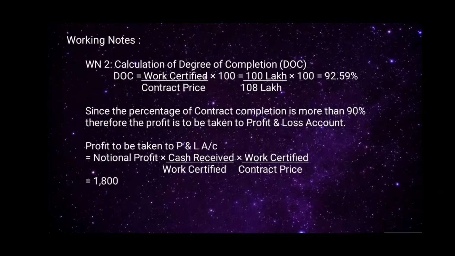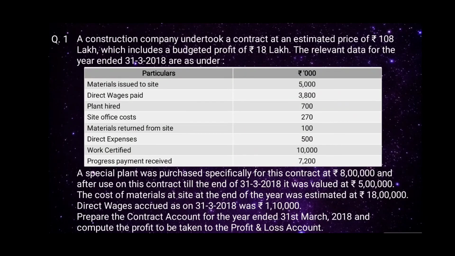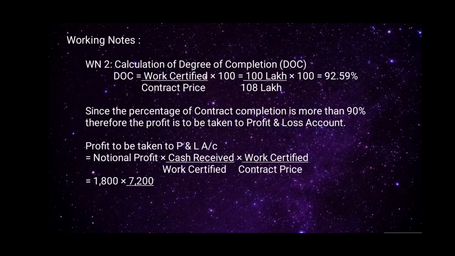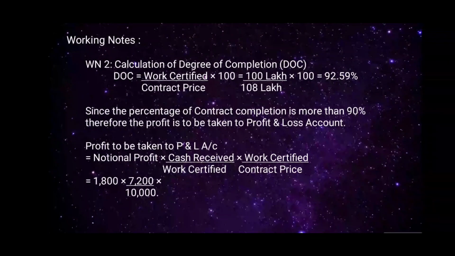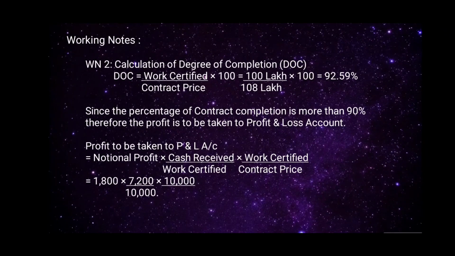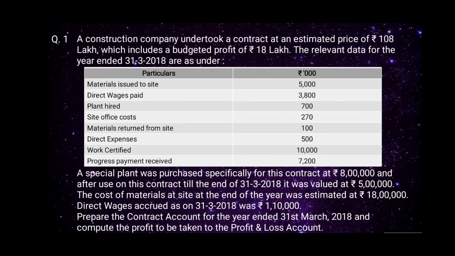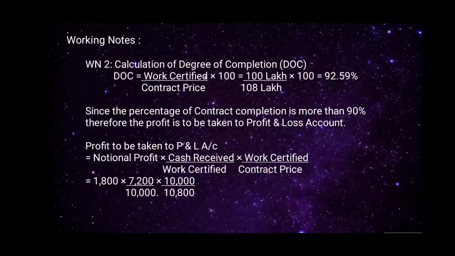So 1,800 into cash received, that is the amount is 7,200 divided by work certified, which is 10,000 into work certified, that is 10,000 divided by contract price, that is 108 lakh. So divide by 10,800, which is equal to rupees 1,200.